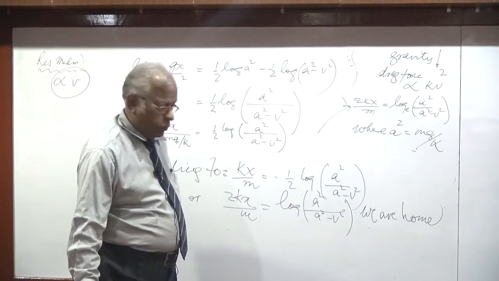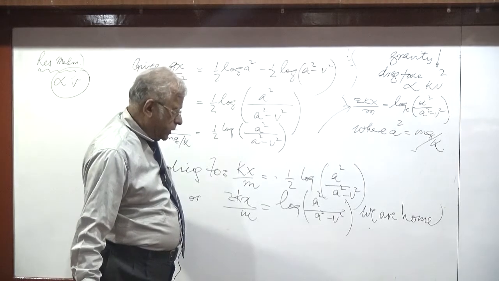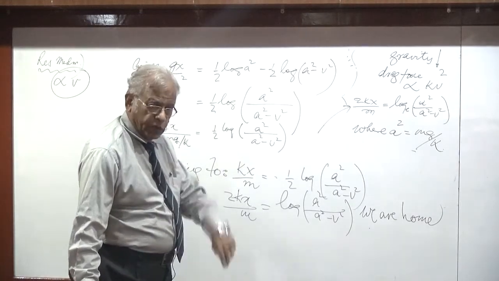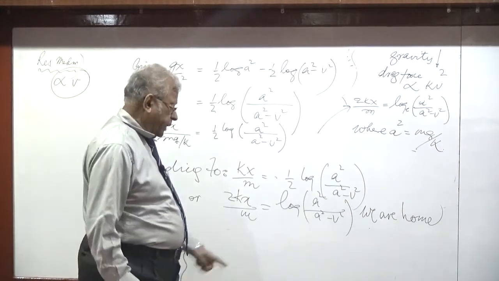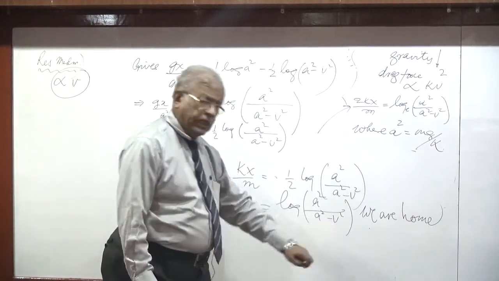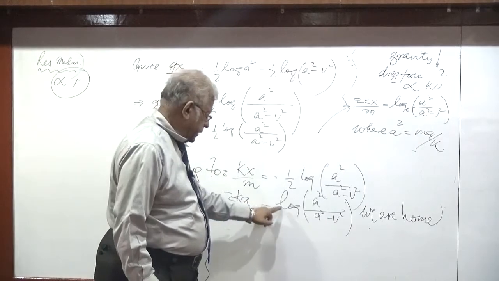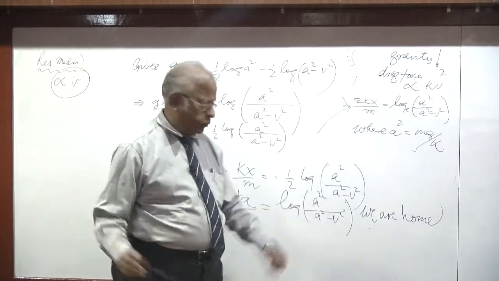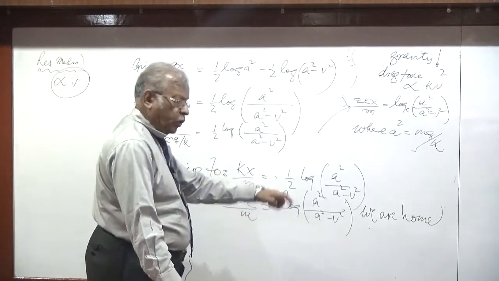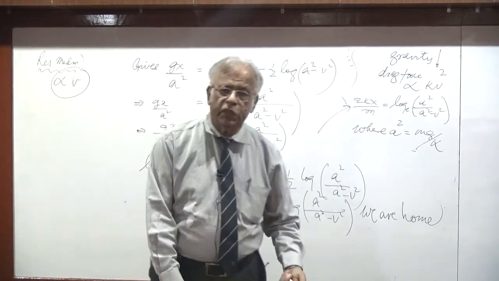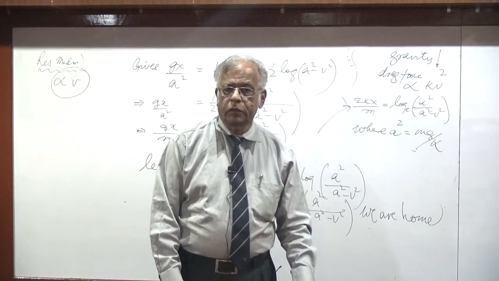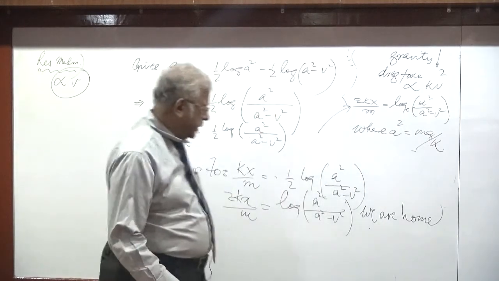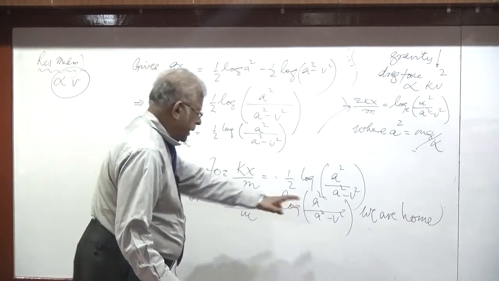Yes or no? You see, excepting at the very beginning, and we will verify the solution, when v is 0, that means at the very beginning, this is log of a square by a square, and that is log of 1, which is 0. So x is 0, and that is of course the condition with which we started, that when v is 0, x is 0.